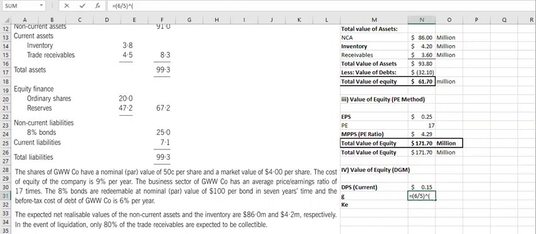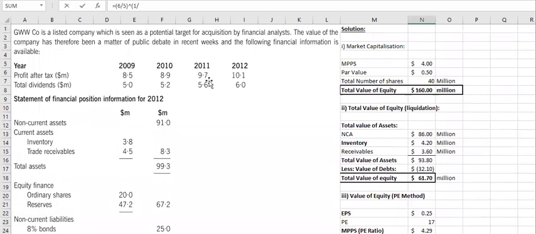After taking the power, we should write 1, and we should divide it by the number of years between these two dividend figures. So how much time did it take for the dividends to grow from 5 million to 6 million? We need to find out the number of years between these two dividend figures.